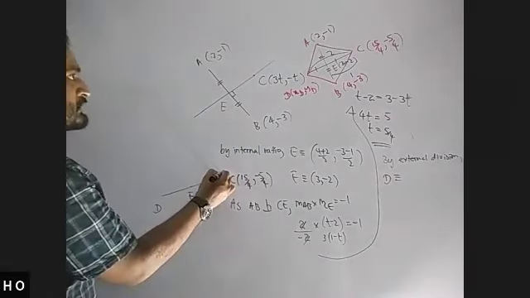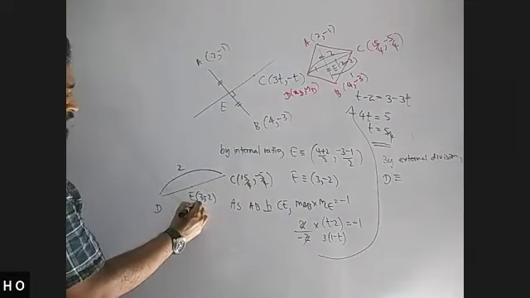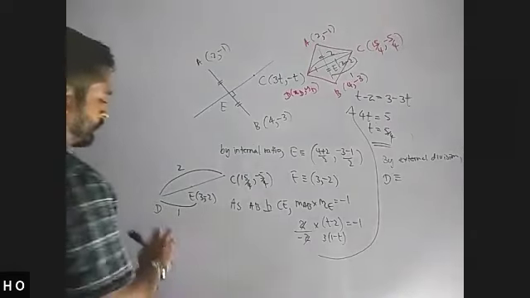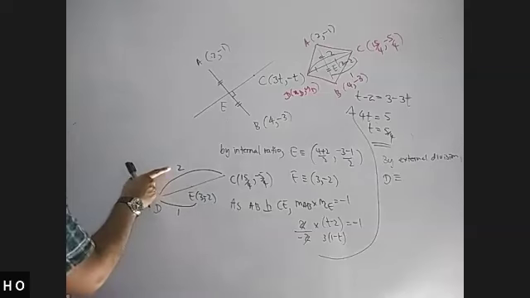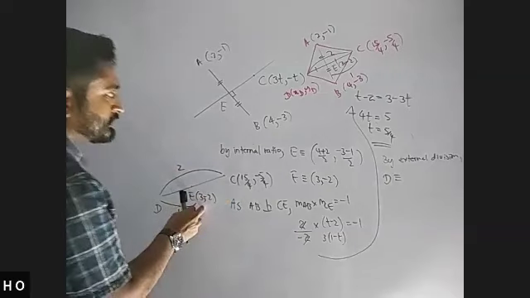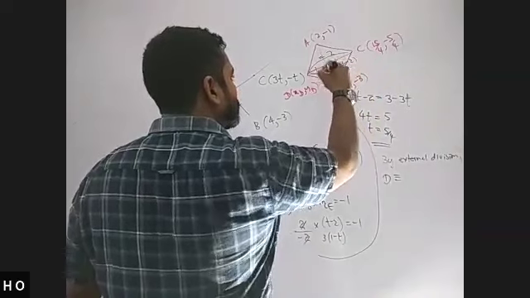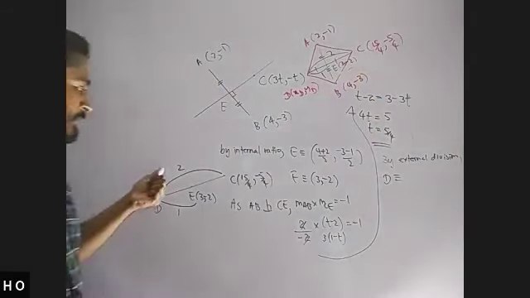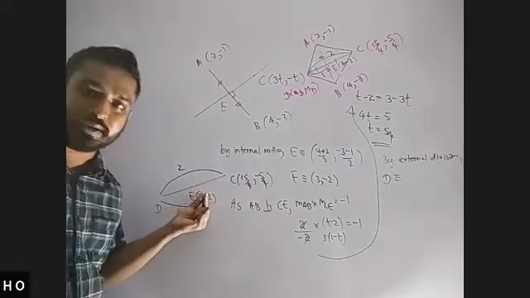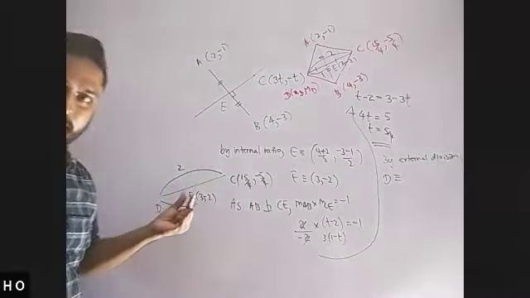D divides CE in the ratio 2 to 1. Clear? The 2 comes from these coordinates and the 1 comes from the other coordinates, so 1 should be multiplied with these and 2 with the others, as per the pattern.